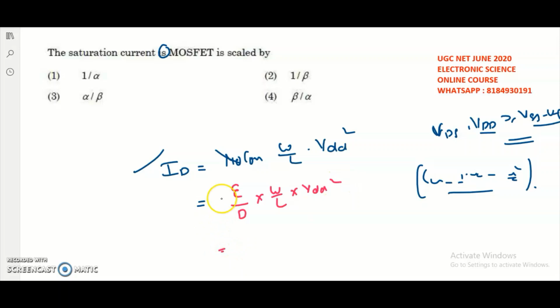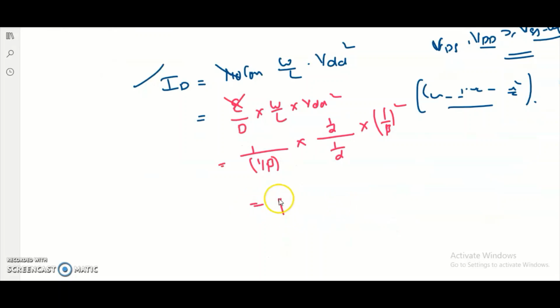Epsilon is a constant, so just leave that one, and 1 divided by D, that means thickness of the silicon dioxide, is scaled by 1 by beta, and width is scaled by 1 by alpha, length is also scaled by 1 by alpha, and VDD is the power supply, so we scale by 1 divided by beta square. And if we simplify this, beta into beta gets cancelled, so 1 divided by beta square, that becomes equal to 1 divided by beta.